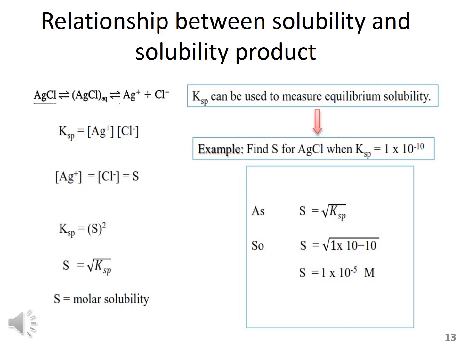So if you want to relate solubility and the solubility product, it can be denoted as S, the solubility, is equal to the square root of the Ksp. Ksp means solubility product. So in this slide, you can see the solubility is equal to 1 into 10 power minus 5 molar, for the solubility product of the silver chloride precipitate.